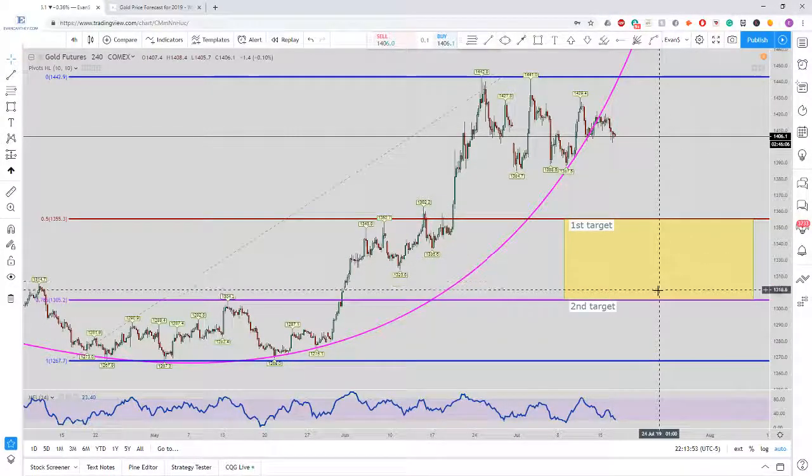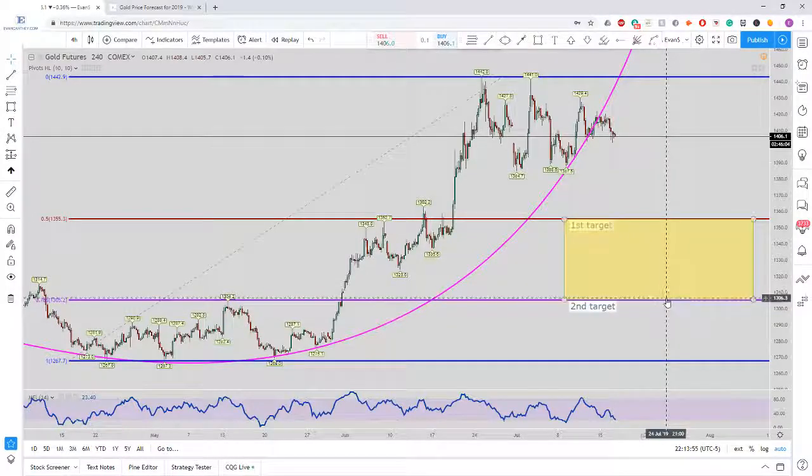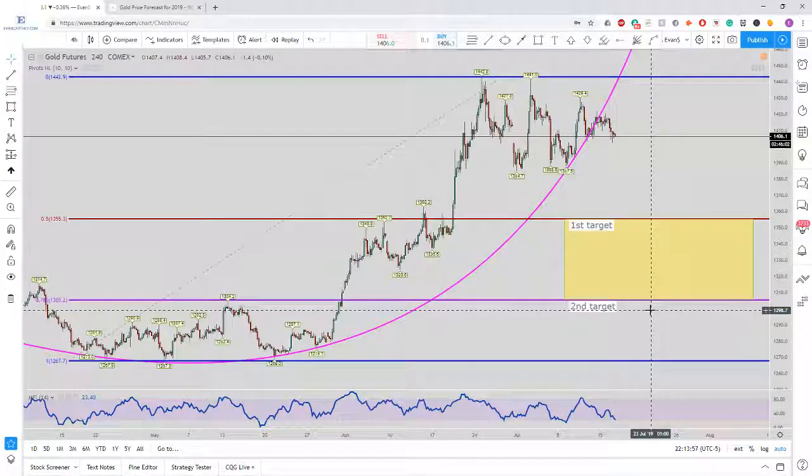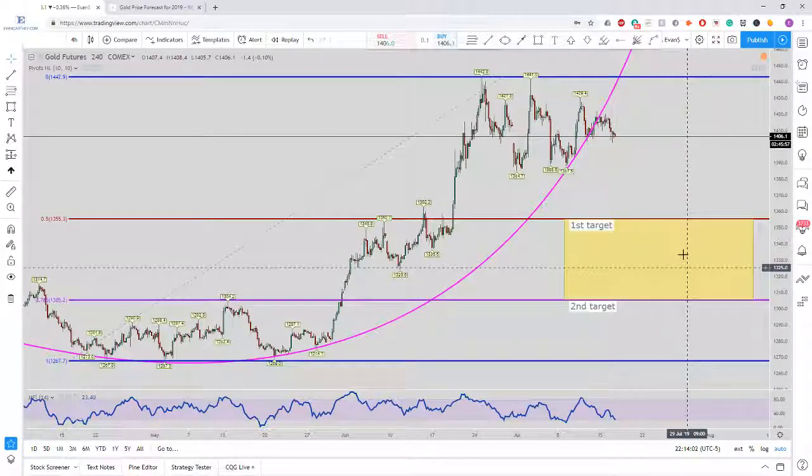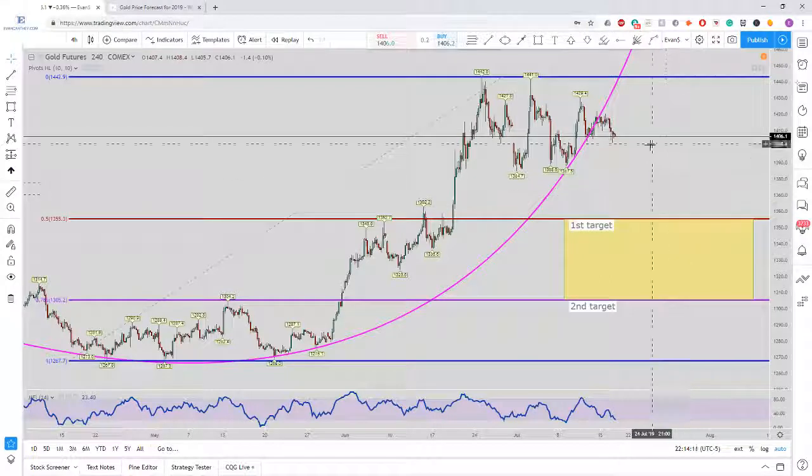Once it hits that, the move could be completed. If it does go down further, then the second target we'd be looking for is a 78.6% extension level at around $1,305.20. But it doesn't necessarily have to come down and hit there. When parabolic curves do get broken, we look for the 50% level to be hit.